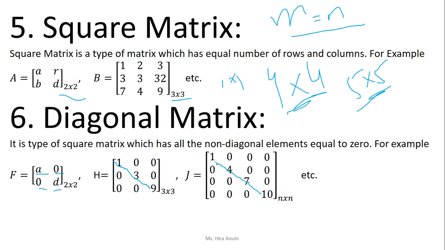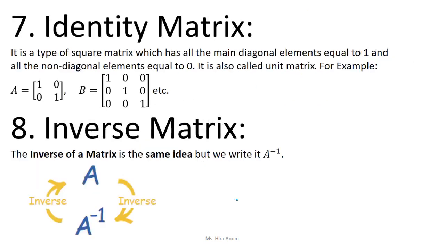Here is the diagonal. So the diagonal entries are 1, 4, 7, 10, but other entries will be 0. Above or below, all entries are 0.